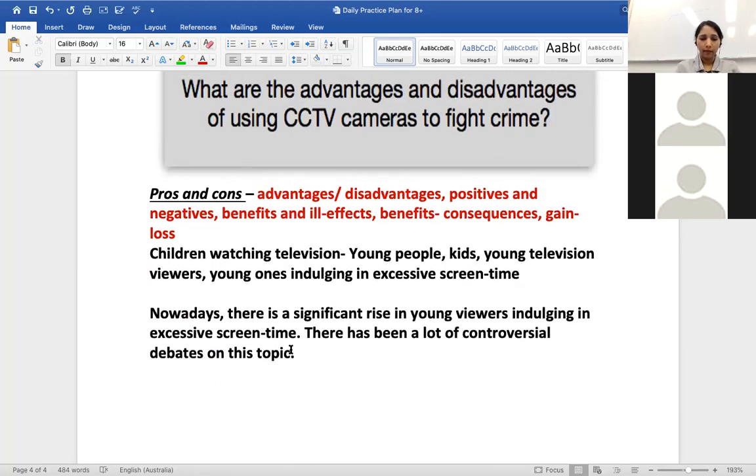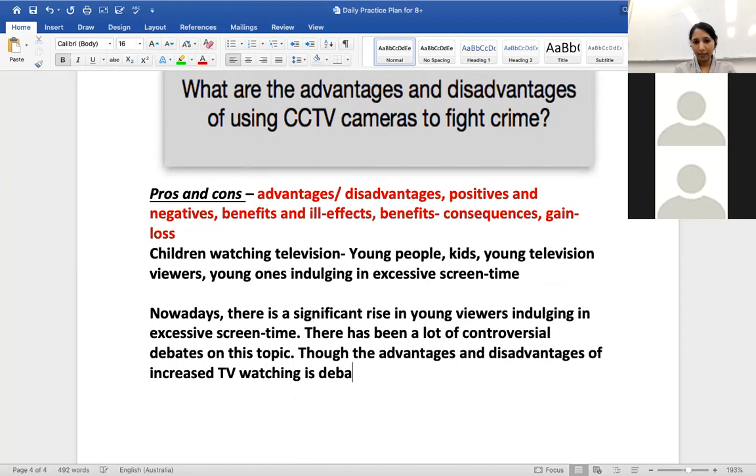So you would say, though the advantages and disadvantages of increased TV watching is debatable, this essay will try to shed light on both sides of the coin.